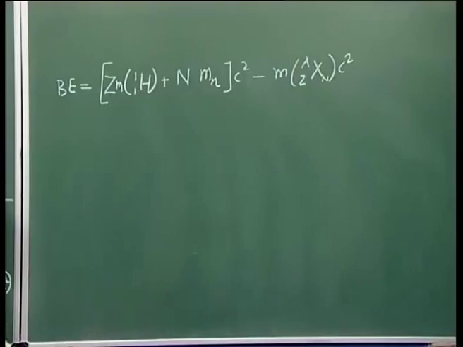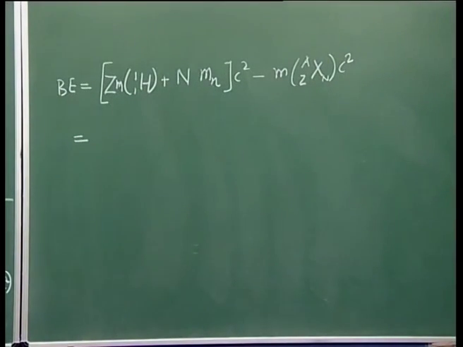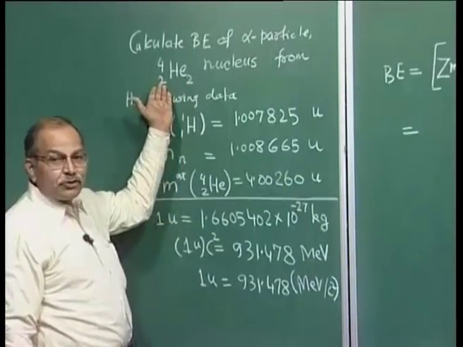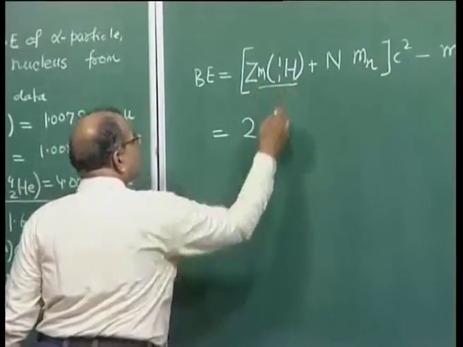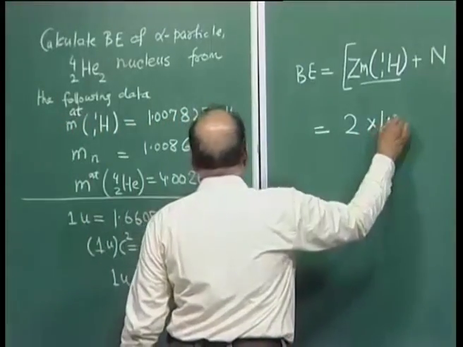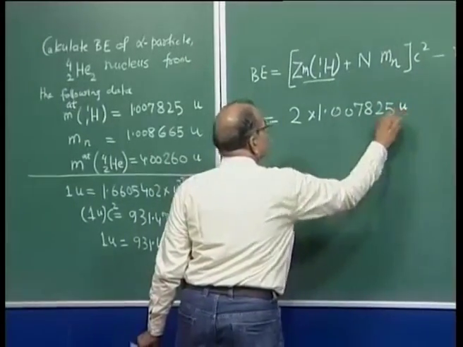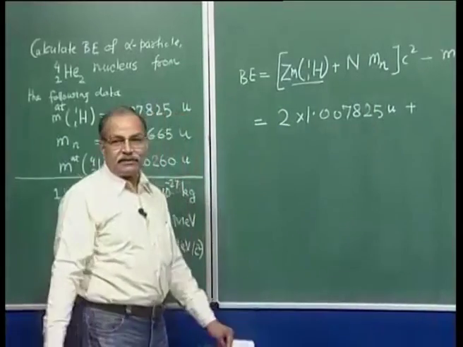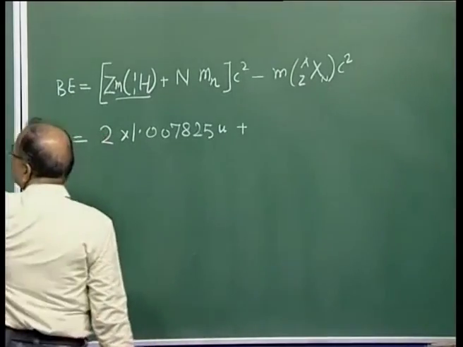Now, put in the data. In our case, what is Z? We have to calculate the binding energy for this 4He2. So what is Z? Z is equal to 2. So this is 2 times the mass of hydrogen atom, 1.007825 u, plus capital N. How many neutrons are there? 2, right? 2 neutrons.